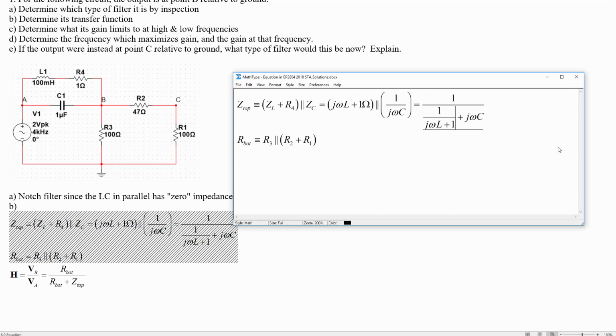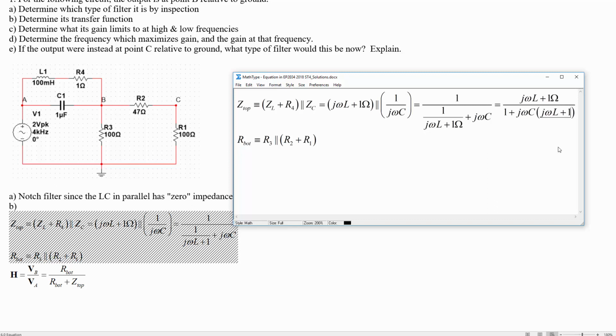But before we do that, actually I think it's going to be a good idea to clean this up a little bit further. So let's just multiply numerator and denominator by J omega L plus 1 ohm. And then we've got 1 plus the J omega C times that thing.